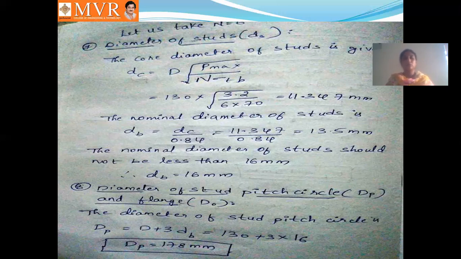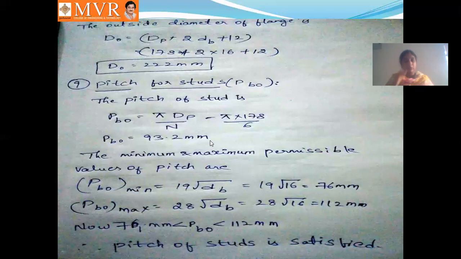Next, the outside diameter of flange is d naught is equal to dp plus 2 db plus 12. Okay, substitute all the values.